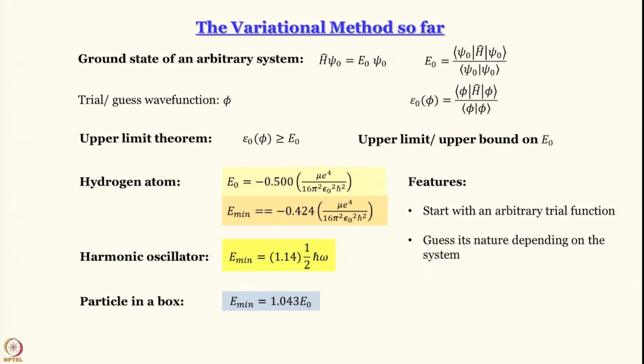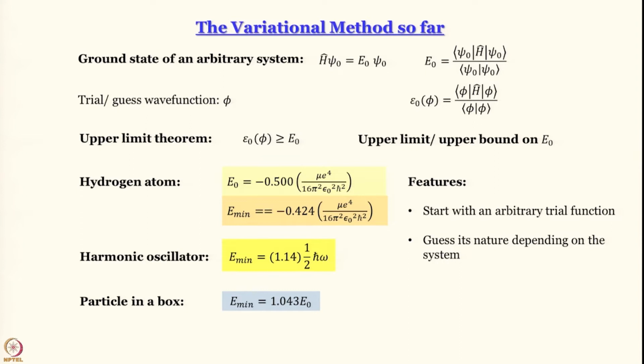So, when I say arbitrary trial function, it is arbitrary within a certain limit. Okay. It is not completely arbitrary, using anything is not going to work. Okay. You still have to think before you decide which trial function you can use. Okay.